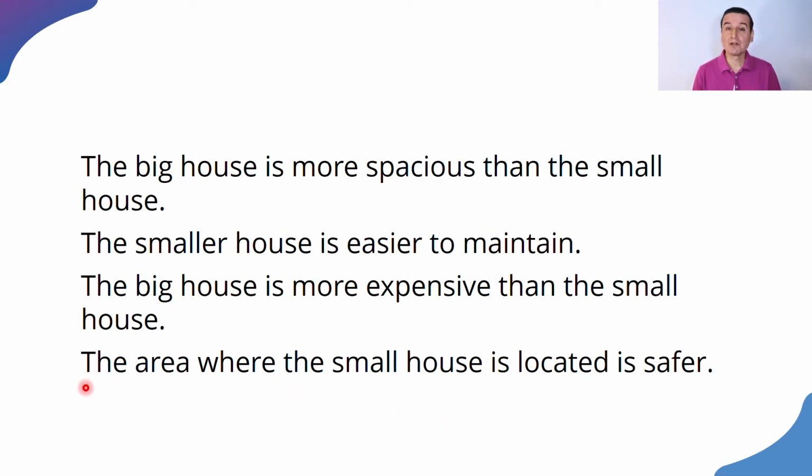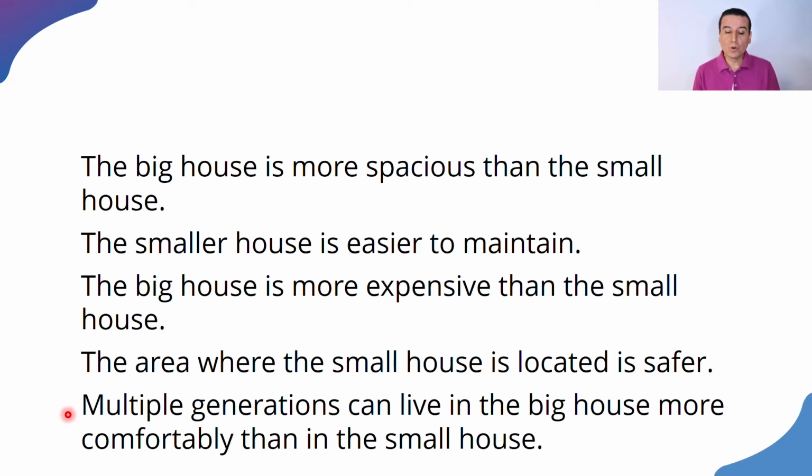Hear the pronunciation of area. So the area where the small house is located is safer. All right? And finally, I like this one. Listen to the pronunciation. The area where the small house is located is safer. Thank you.